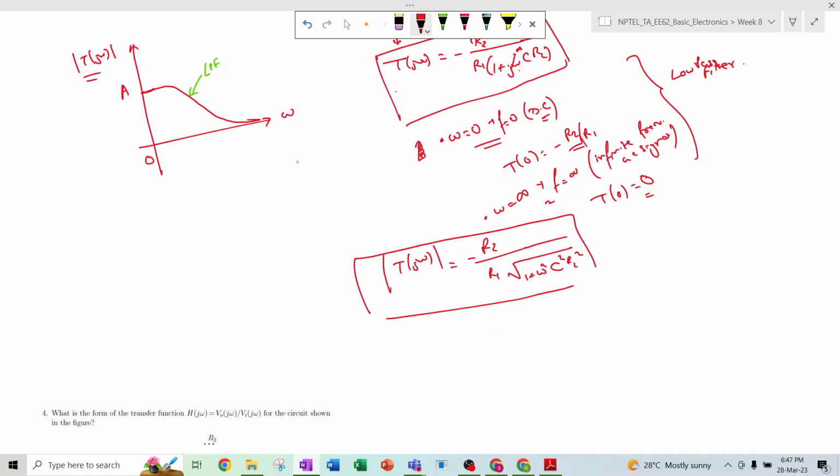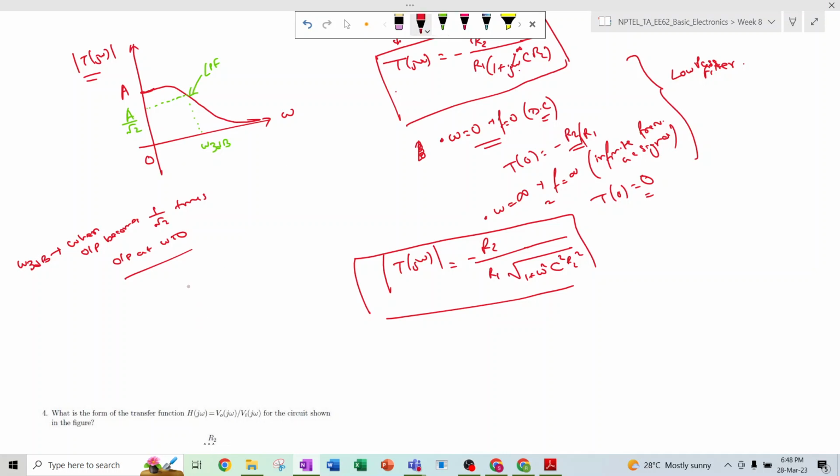Basically, the omega 3 dB cutoff frequency refers to that frequency when the output becomes 1 by root 2 times the output at omega equal to 0. So if at omega equal to 0 it is A, then at whatever frequency it becomes A divided by root 2, that is known as omega 3 dB. Why is it omega 3 dB?